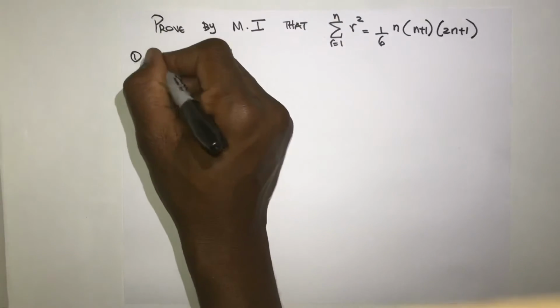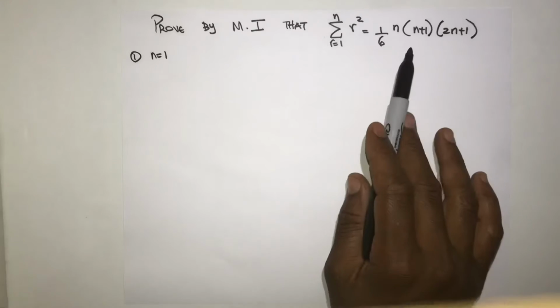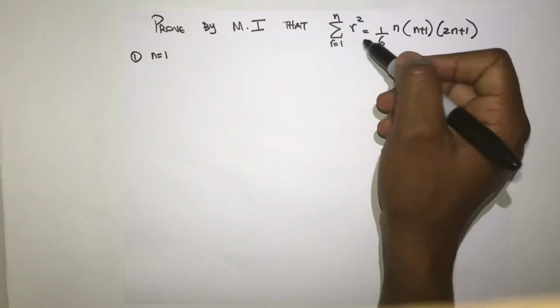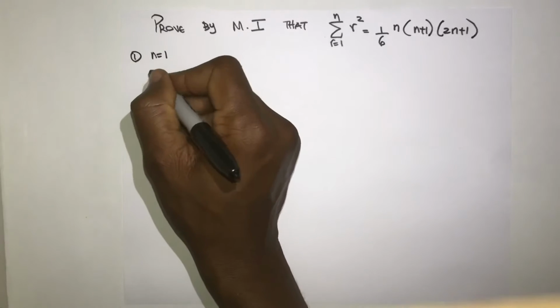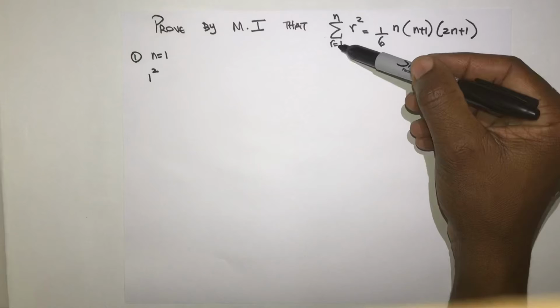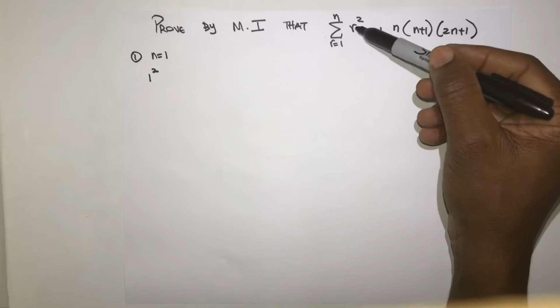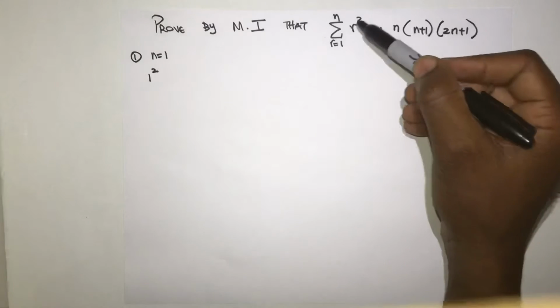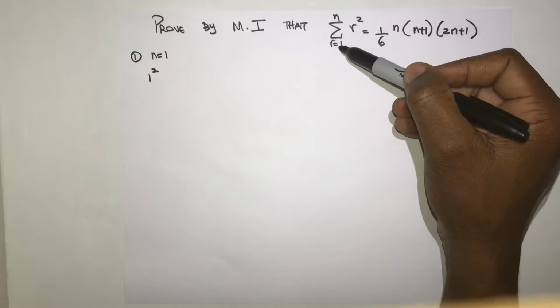So where n equals 1, you put 1 in the formula. And this will give 1 squared, where in this case n would be equal to r equals 1. Because if n is equal to 1, then it will be the same as r equals 1.